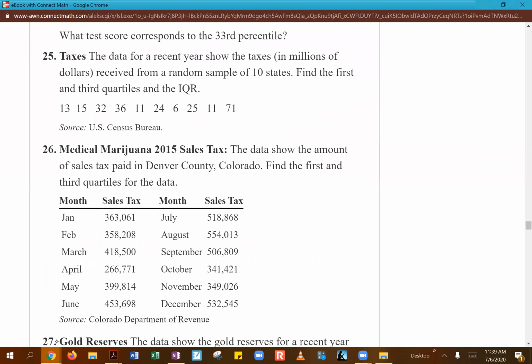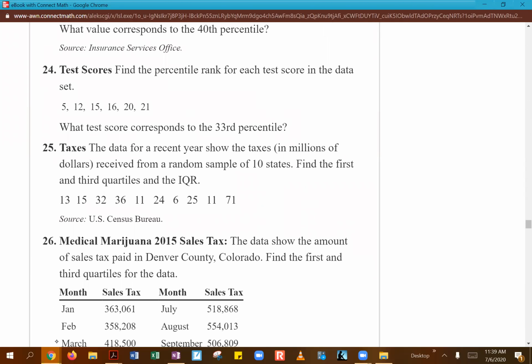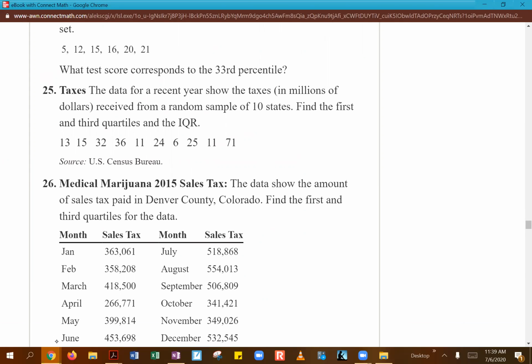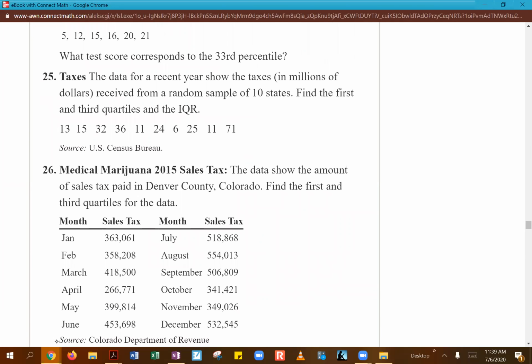We've got the data for a recent year showing the taxes in millions of dollars received from a random sample of 10 states. They're asking us to find the first and the third quartiles and also the interquartile range. So the first thing we need to do is arrange this from the smallest to the largest data value.